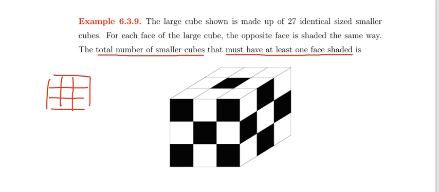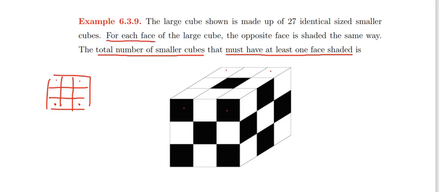So we say this one is black, so this one has at least one face black. And then there's 2, so then there's 2, right? There's 2.